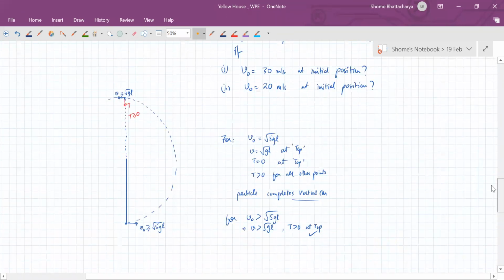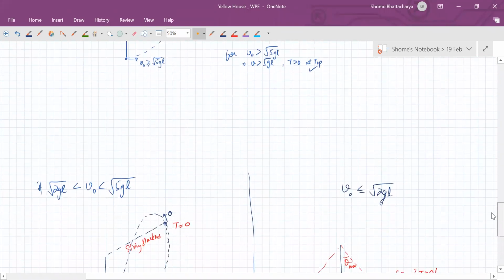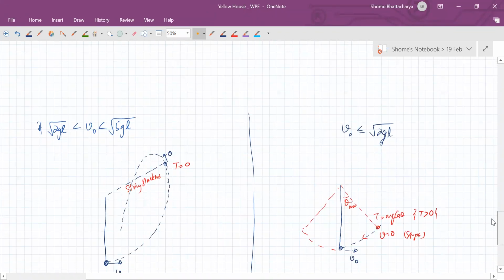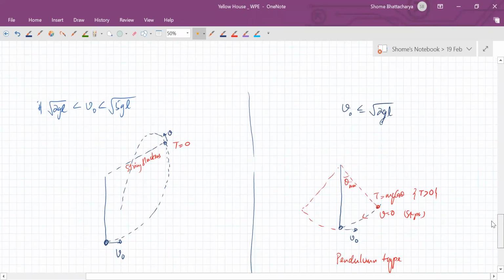Greater than or equal to root 5 GL, it completes vertical circular motion. Less than root 2 GL, it behaves like a pendulum. But between root 2 GL and root 5 GL is that very tricky kind of situation where the particle goes up to a point and the string slackens. And from there it comes down, but via a projectile path, because it has speed at this point.